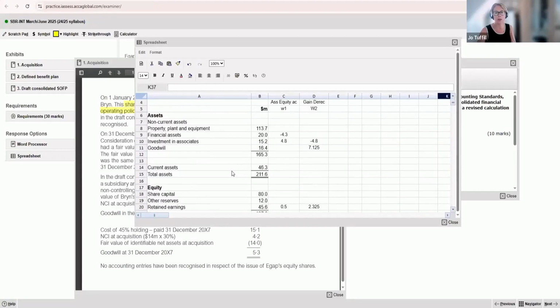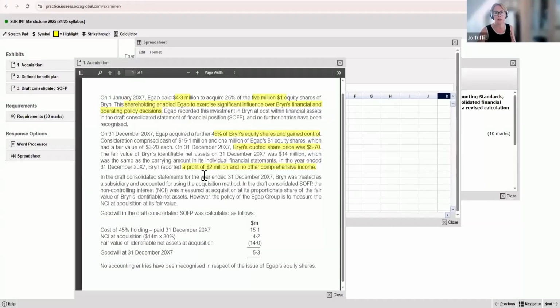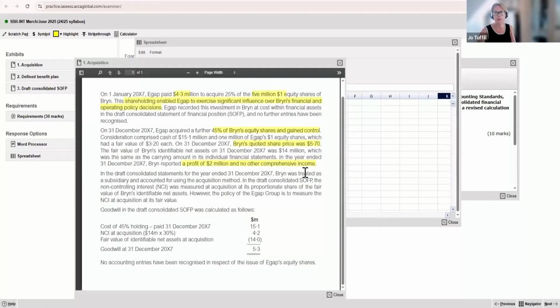We're now going to go on to the next section. And it says, in the draft consolidated statements for the year, Bryn was treated as a subsidiary and accounted for using the acquisition method. So it's basically telling you they have absolutely already consolidated. The only issues are, though, non-controlling interest was measured at the proportionate share of the fair value of net assets, but the policy is to measure it at fair value, so that's an error.